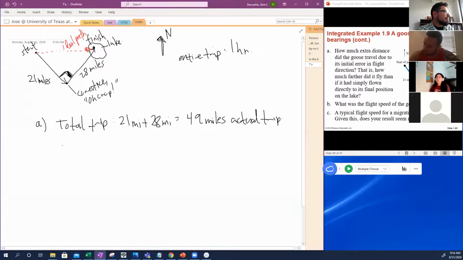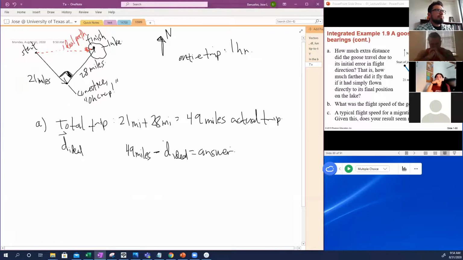So I'll make a little vector called d ideal. And so the answer in this case is how much farther he went. The answer is going to be 49 miles minus whatever the ideal path is.